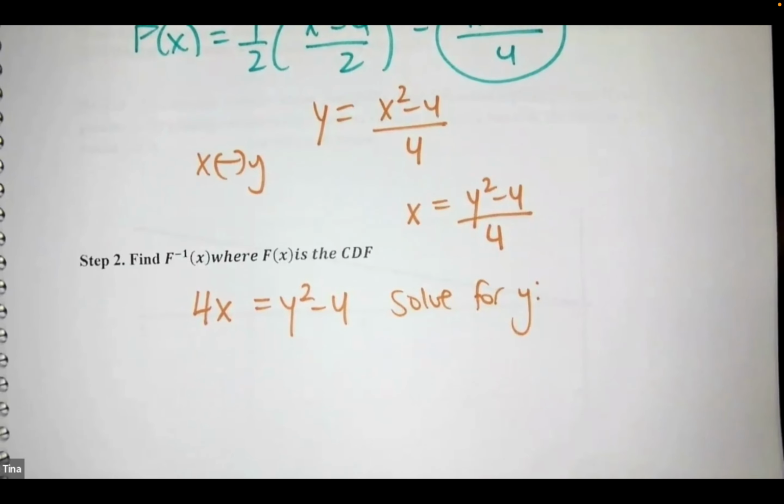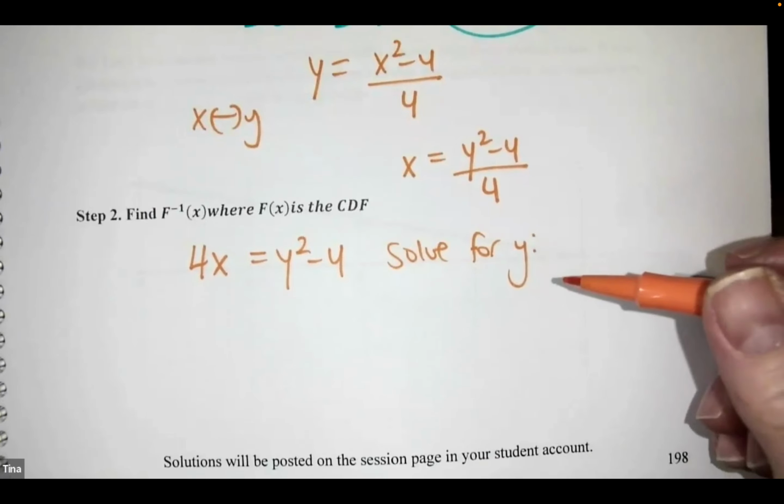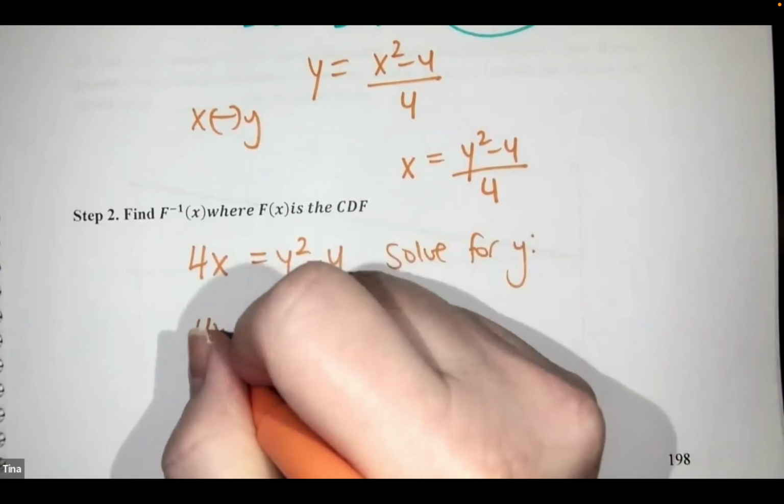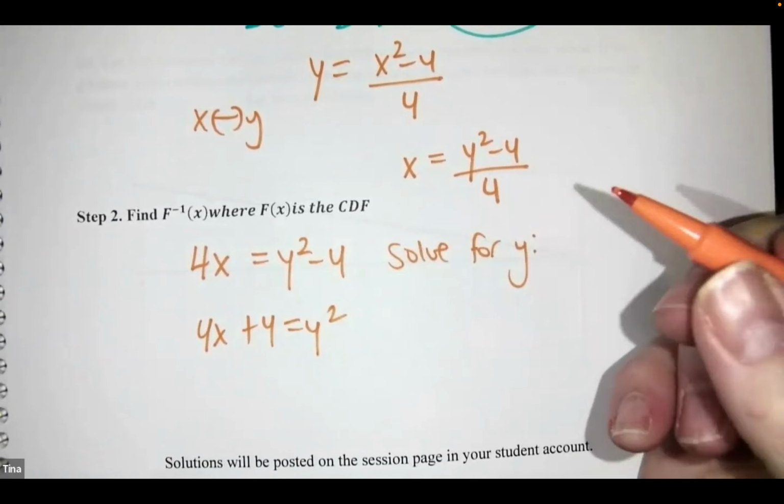So go ahead, what would y be? So here, well, we'd say 4x plus 4 is y squared.